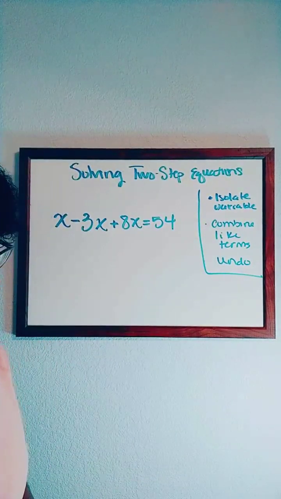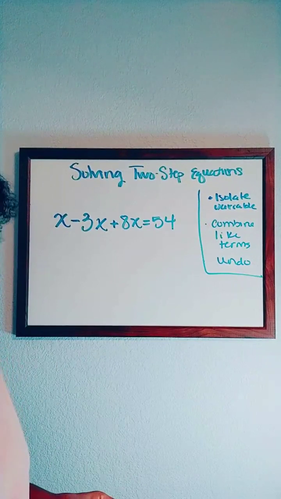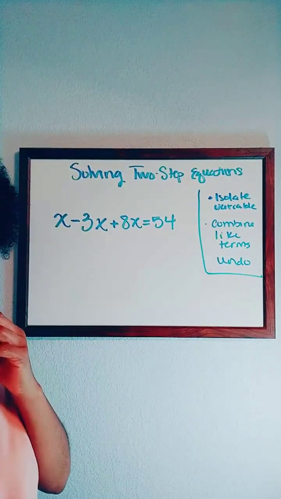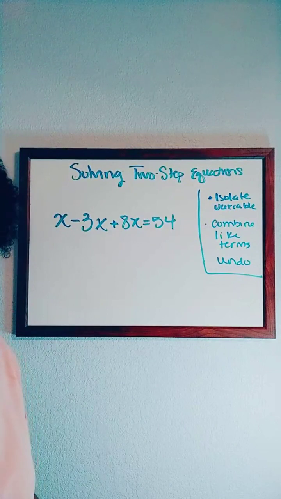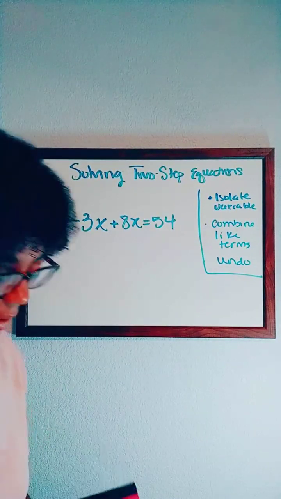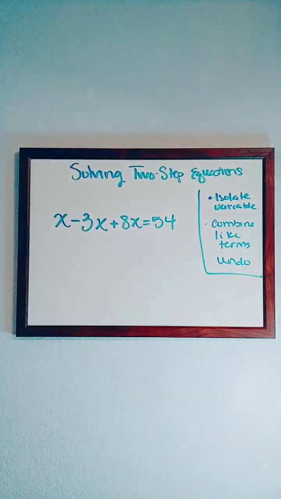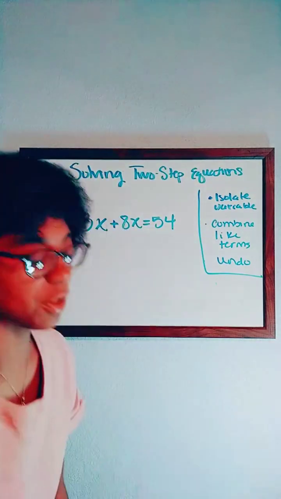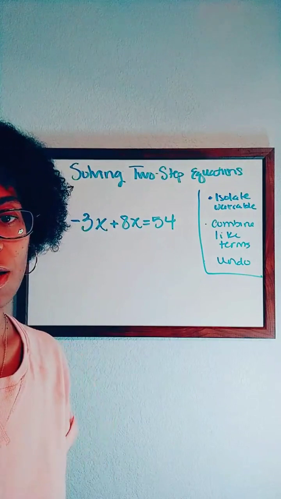For this one, I'm getting x is equal to 6. Oh, we're combining like terms to get 6x. Okay, there we go. Yeah, that's what it should be. Combine all your terms, sweets.